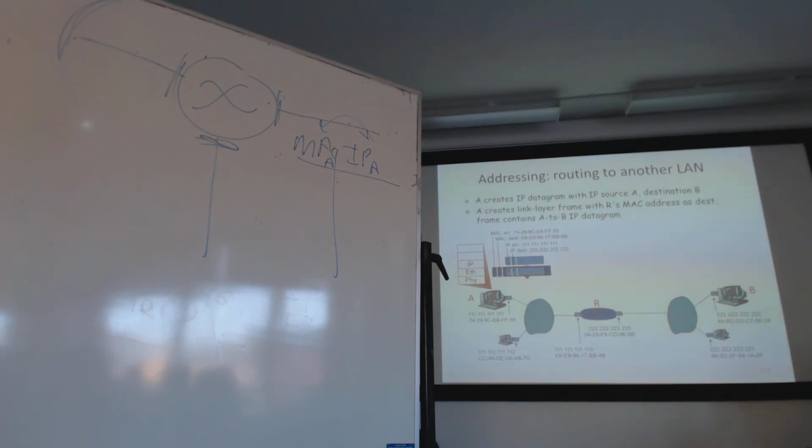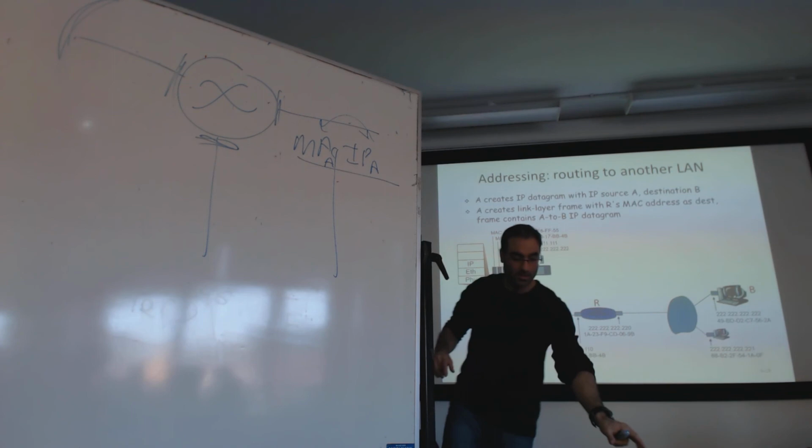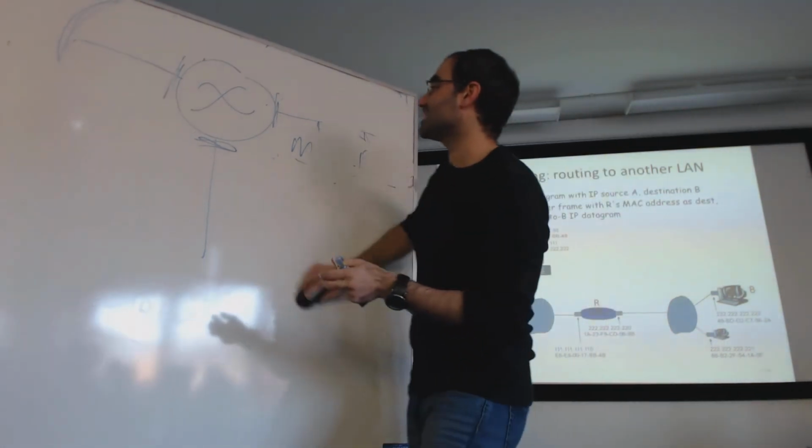First, I create an IP datagram with IP source A and destination B. And these are your IP addresses. Second, I create a link layer frame with R's MAC address as destination, containing the A to B IP datagram. So at the moment, what's your IP source address? It is 1s, which is device A. I'll do it on the board for simplicity. So I'm trying to get to the destination.